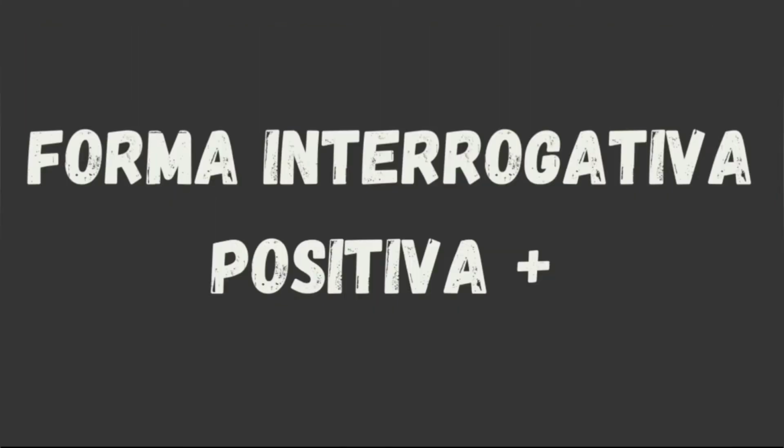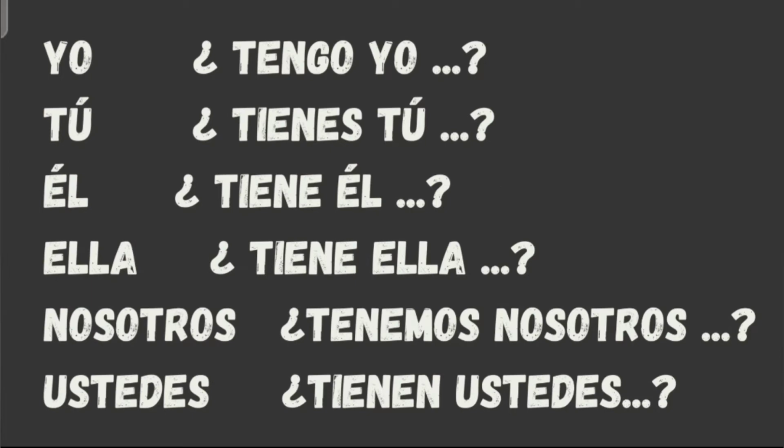Now let's go to the affirmative interrogative form or positive interrogative form. Forma interrogativa, positiva, or afirmativa. So let's explore how we're going to work with this form. With the personal pronoun I, yo, if you want to create a question in English, you're going to say, do I have?